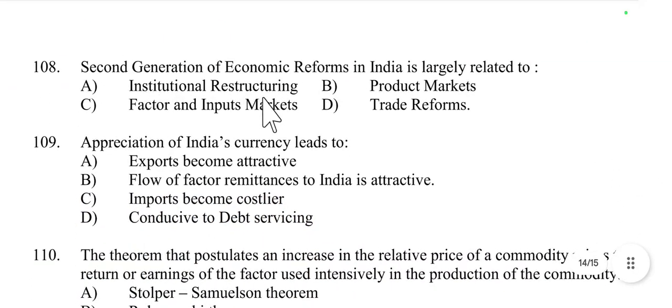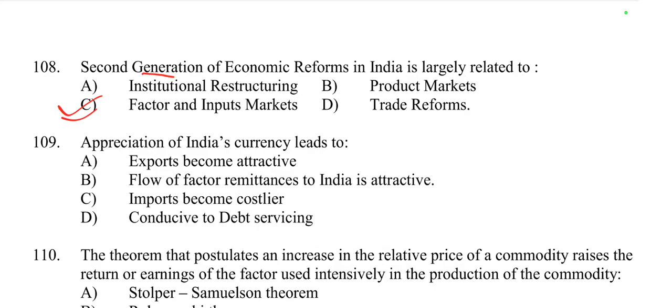Then question number 108. Second generation of economic reforms in India is largely related to institutional restructuring, product market, factor and input market, or trade reforms. So it is related with factor and input markets.